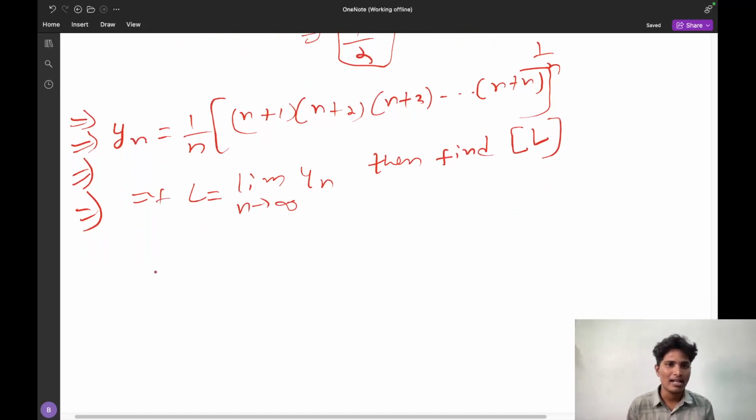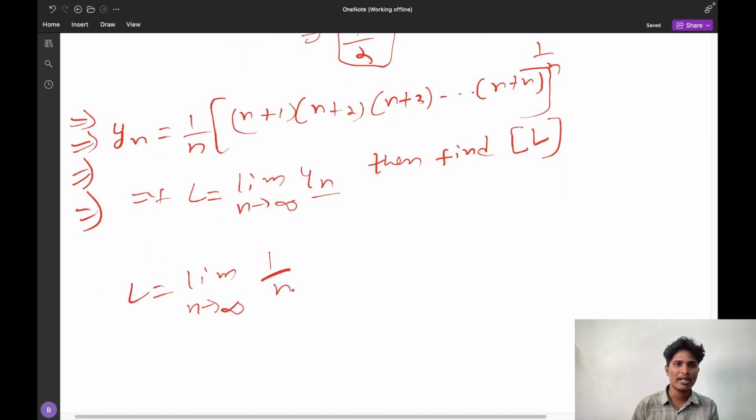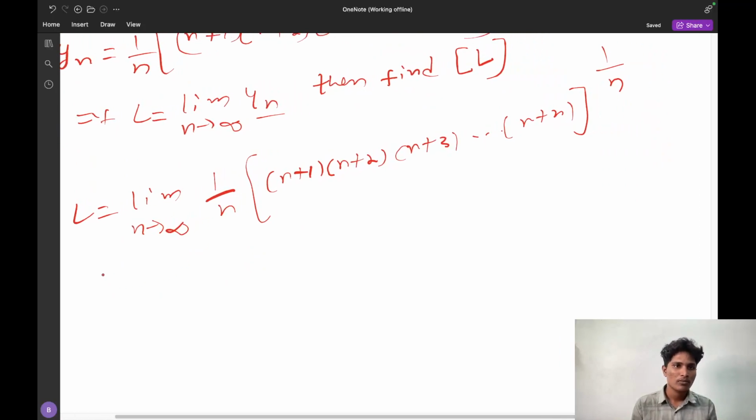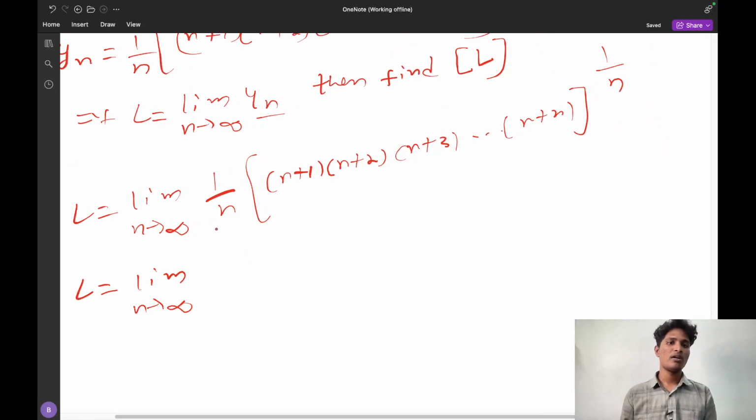That is, given L is equal to limit n tending to infinity. What is yn? Yn is this entire thing, that is 1 by n, (n plus 1), (n plus 2), (n plus 3) and so on up to (n plus n), whole power 1 by n. And if you observe carefully, L is equal to limit n tending to infinity 1 by n. If I want to send this 1 by n inside, what will I get?